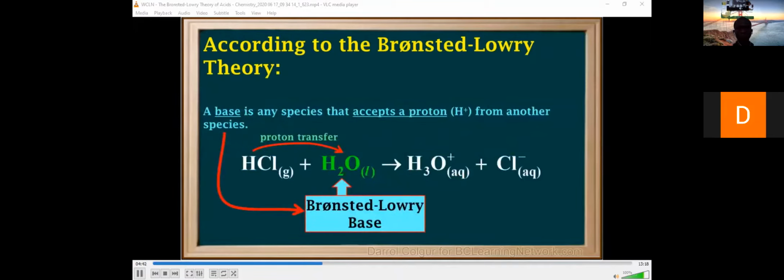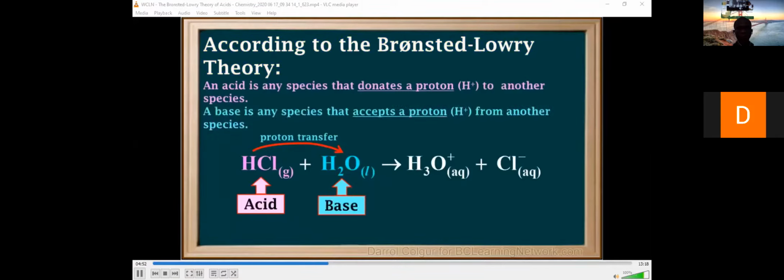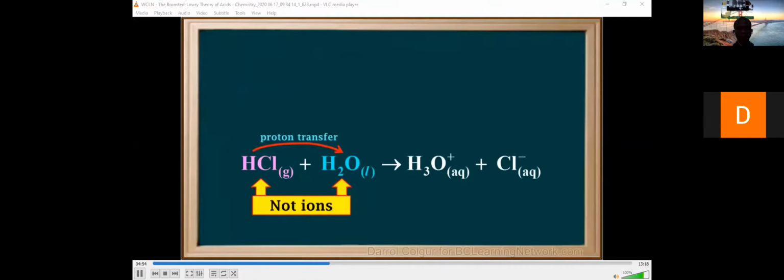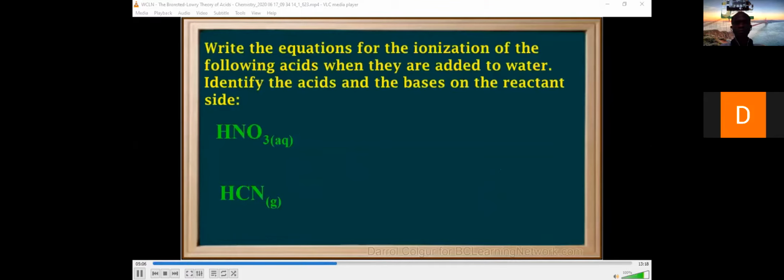Because the H2O is gaining or accepting a proton, it can be defined as a Bronsted-Lowry base, or Bronsted base for short. So in this reaction, HCl is an acid and water is a base. Because the reactants HCl and H2O are not ions, but the products H3O+ and Cl- are ions, we call this process the ionization of HCl.